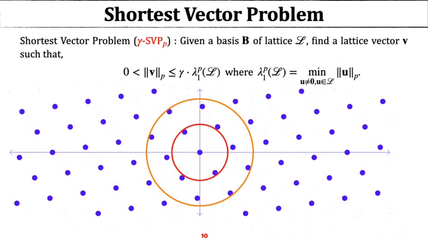So in this example, if you find any nonzero vector in the red ball, we solve the exact shortest vector problem, when gamma is 1. And if you find any nonzero vector in the orange ball, we solve the two approximation of the shortest vector problem.